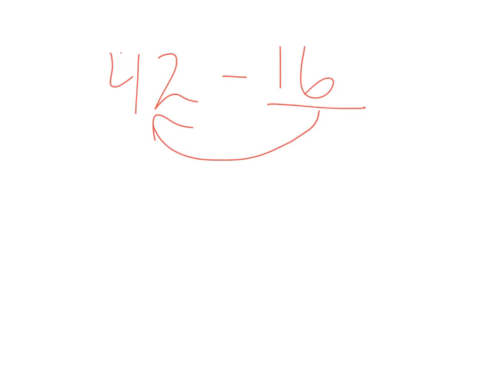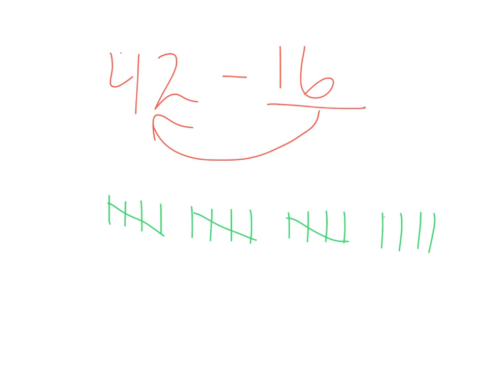So if we start at 16, 17, 18, 19, 20, 21, 22, 23, 24, 25, 26, 27, 28, 29, 30, 31, 32, 33, 34, 35, 36, 37, 38, 39, 40, 41, 42.